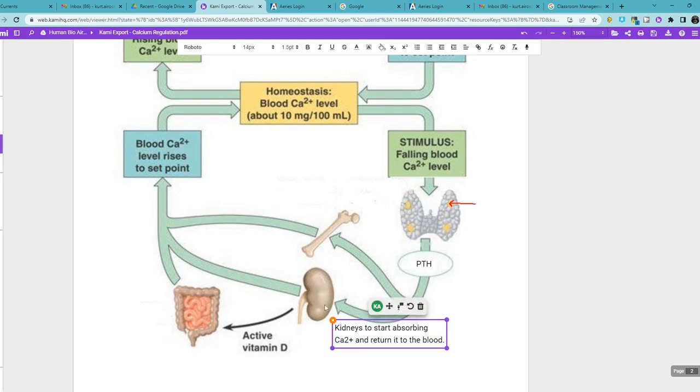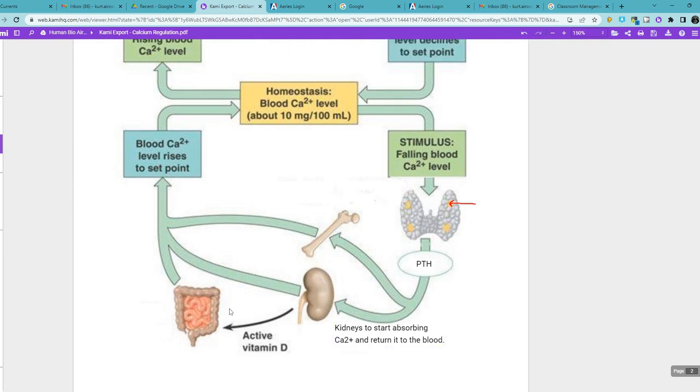It's also going to, along with the liver, activate vitamin D. Vitamin D needs to be activated, and the liver does one part and the kidney does the next.